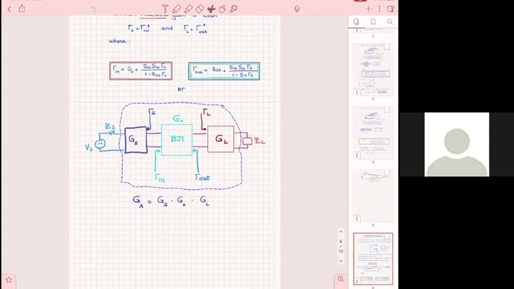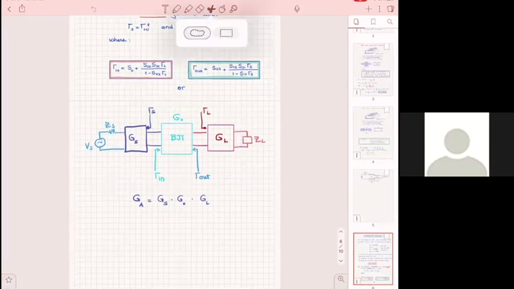What conditions at this end and at this end will make sure that your amplifier sends the maximum available power to the load, and your source sends the maximum available power to the amplifier? What conditions will make this happen?